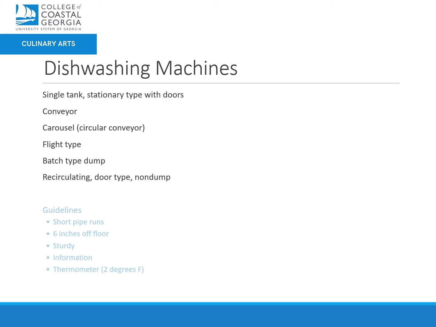You have to have the information on it about how to operate the machine, where the chemicals go, and what type of chemicals to use. And it's required to have a thermometer that is accurate to within 2 degrees. Because again, the soap, the sanitizer, or the hot water sanitizing all operate within narrow temperature ranges. So you have to have a thermometer.